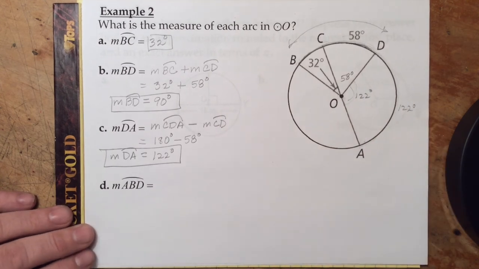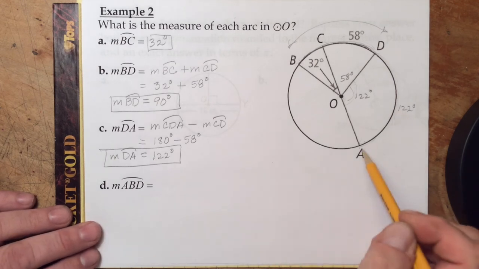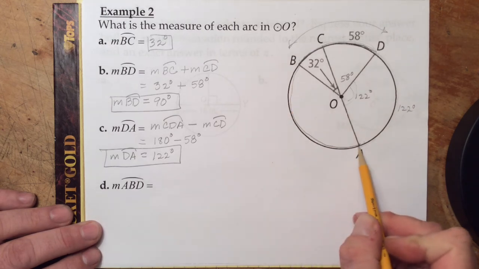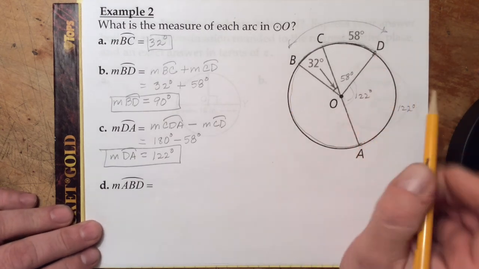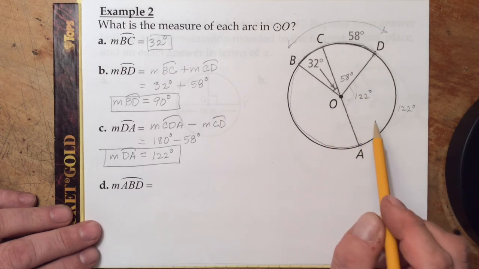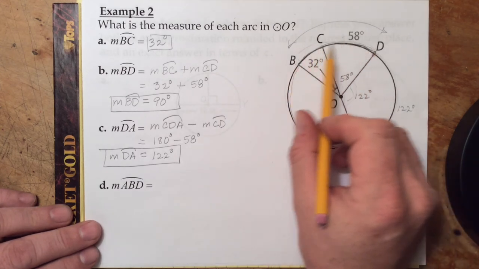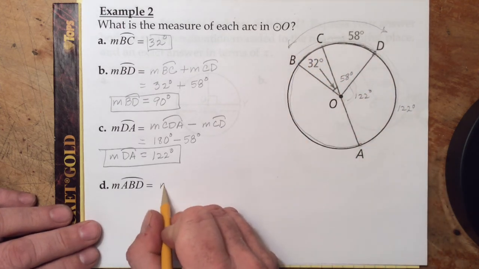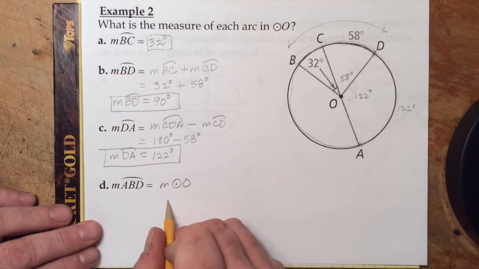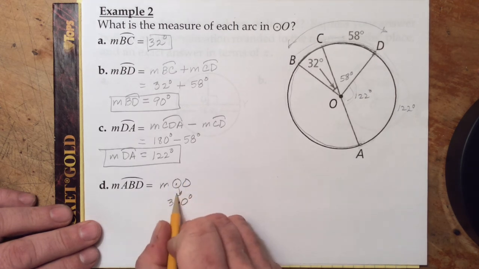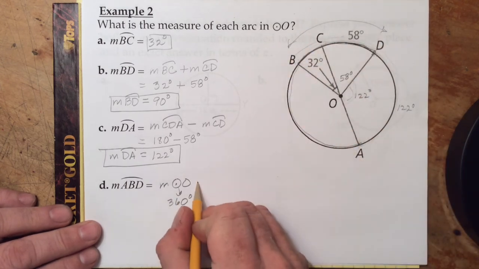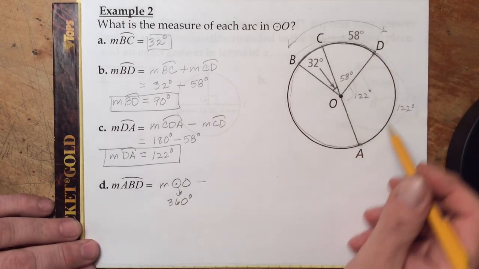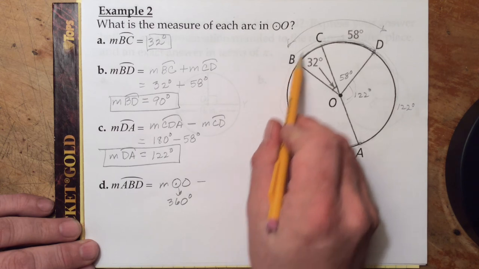Finally, the measure of major arc ABD. ABD, this one right here, goes all the way around to here. Well, there are a couple of different ways we can do this, but usually with major arcs, as I mentioned in the notes, you take the whole circle, which is 360 degrees, so the measure of circle O is, of course, 360 degrees, all the way around, and we subtract out the measure of what we don't need, the measure of arc DA right here, and we'll get what's left right here.